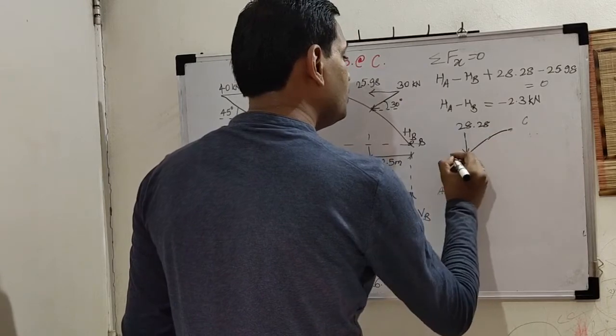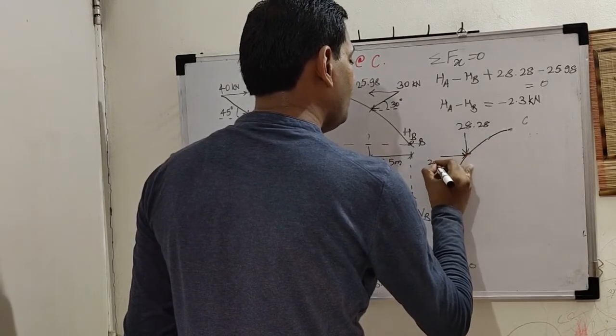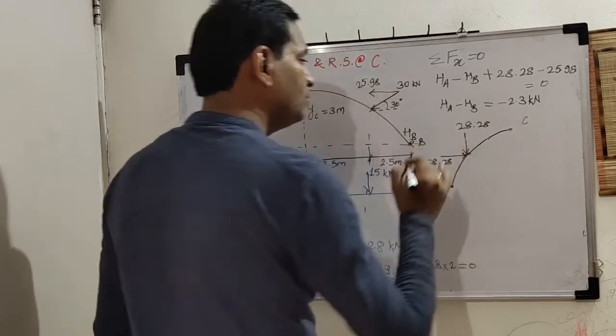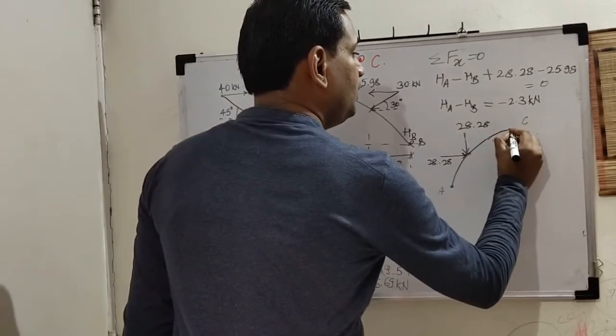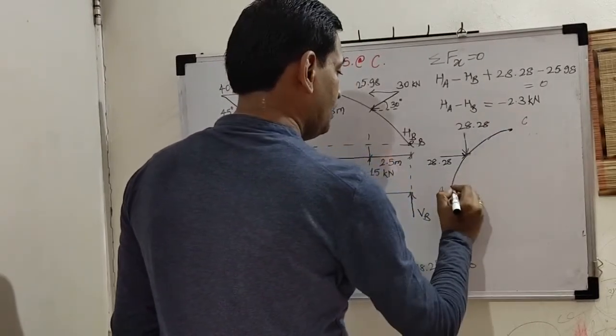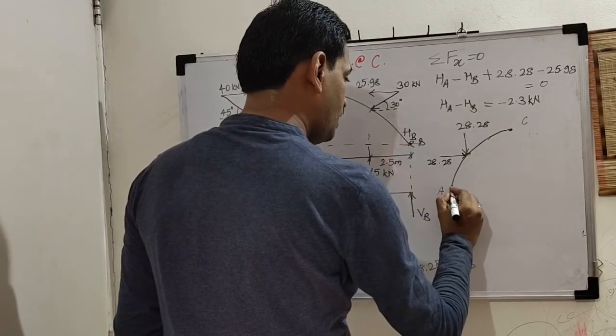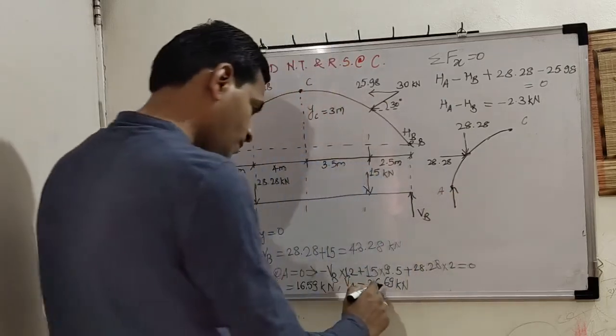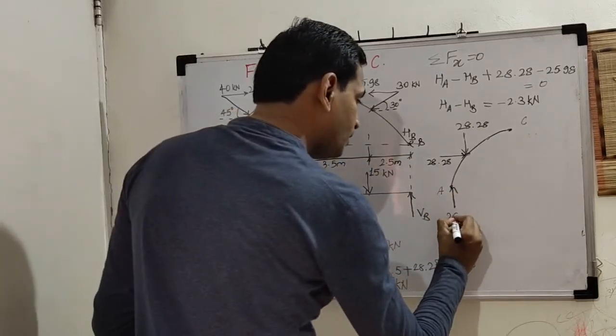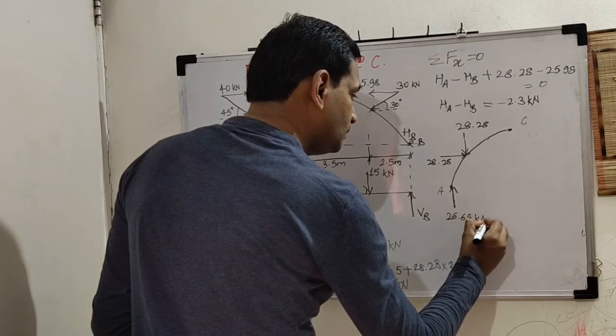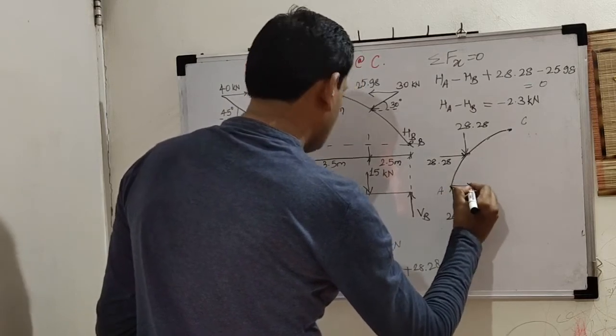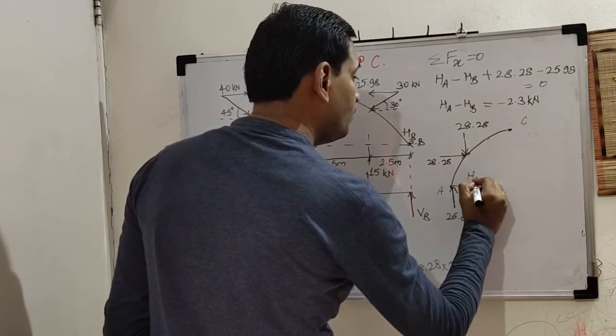Horizontal component is here. Again same 28.28. On C there is nothing. On A, vertical reaction VA, how much? 26.69. And then HA, I will show here, which is unknown, that we have to find.